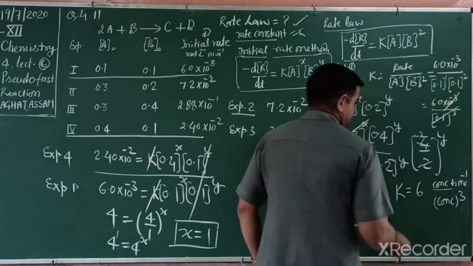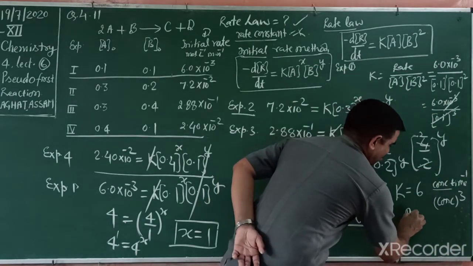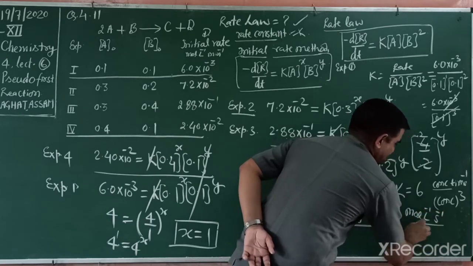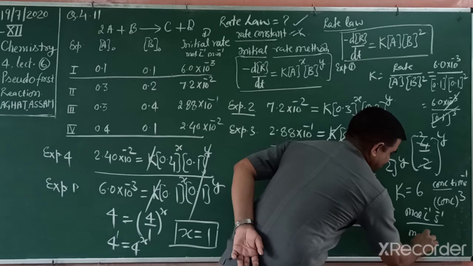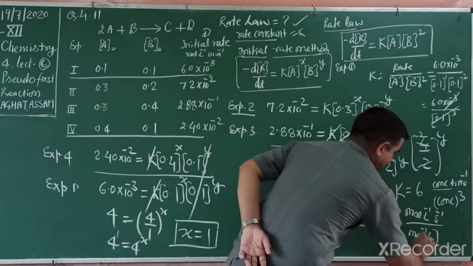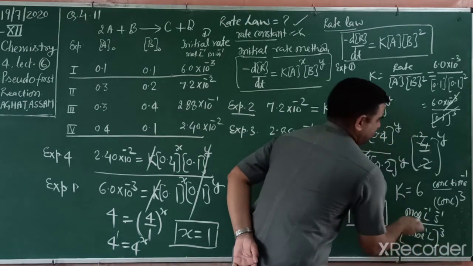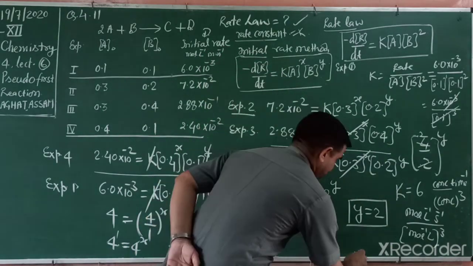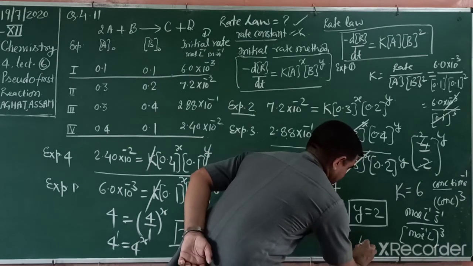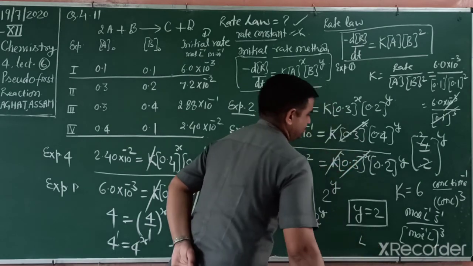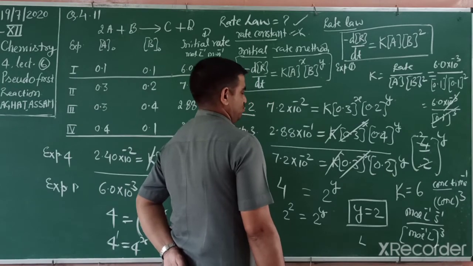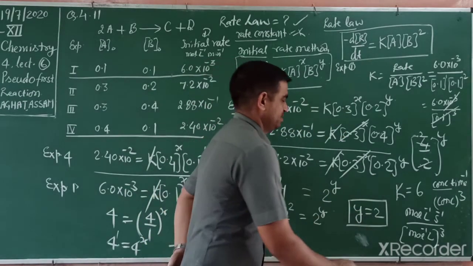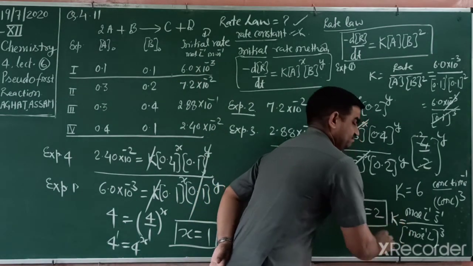By solving this, we can write mole per liter per second, divided by mole inverse liter to the power 3. If you solve, then mole and liter cancel and the value comes out in liter and mole inverse. By solving this we can write the rate constant.